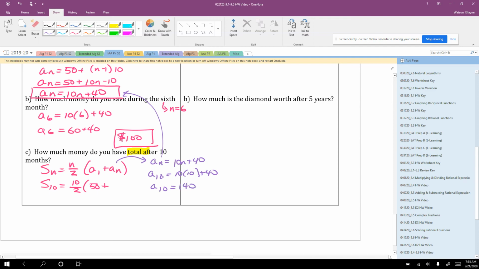That means in month 10, you're putting in $140. So that's what we're going to use right here. Okay, so S of 10 is equal to, and then multiply this out. So it's going to be 5 times 190, and you should get 950. So in total, after 10 months, you'll have $950.